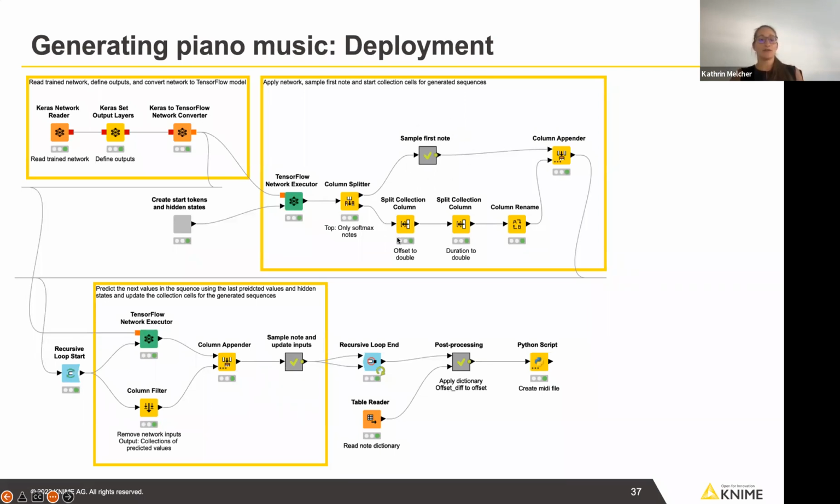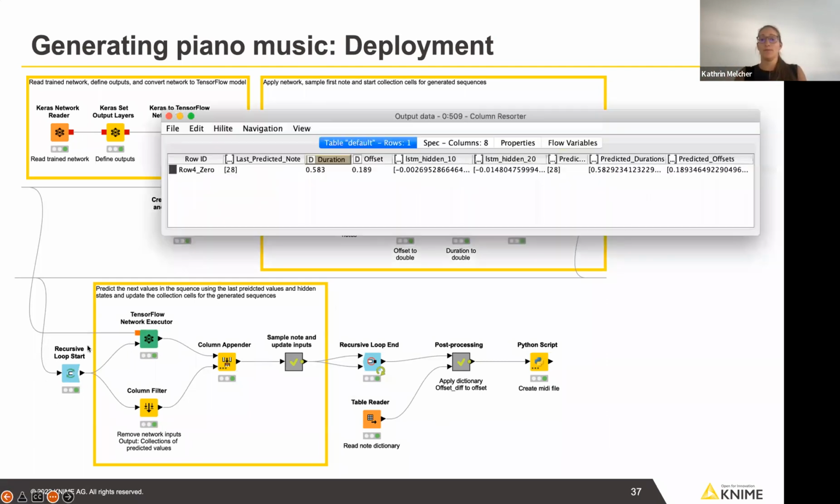And here I also start creating collection columns, which I use to combine the values from the different iterations from this loop that I start below. And this looks then like this, that I have my last predicted value, the last predicted duration, the last predicted offset, the hidden states that I need. And here I have collection cells prepared to collect the results from the different iterations.